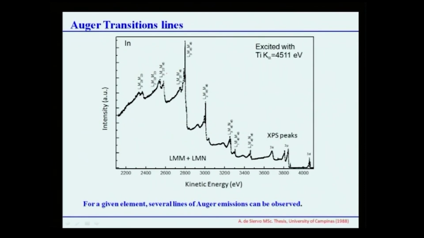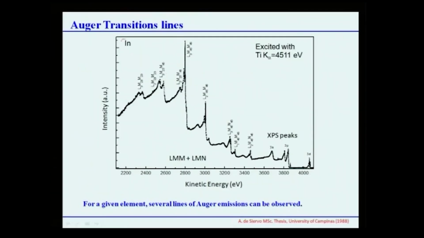Now to give you some examples of these Auger transition lines. I have already discussed different transitions, so let us do it for a certain example. This is taken from an MSc thesis of the University of Campinas, long back. On this plot you have intensity versus kinetic energy of the element indium.